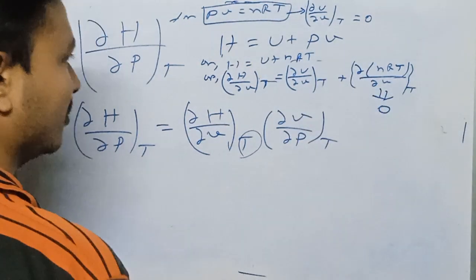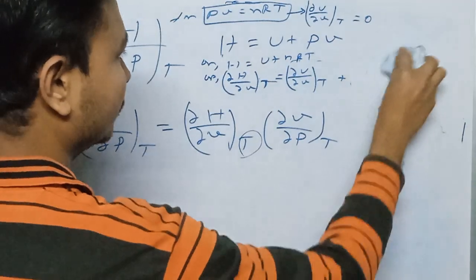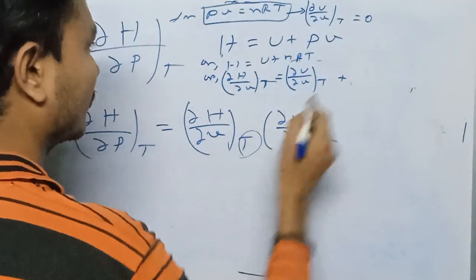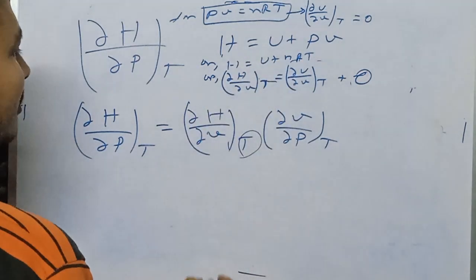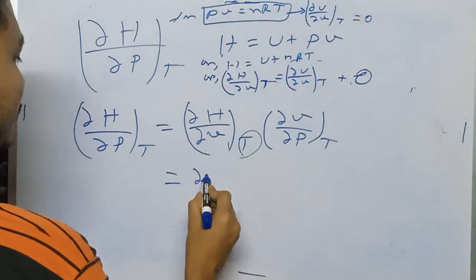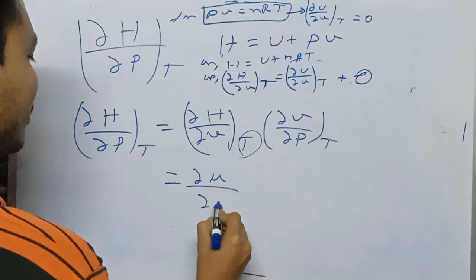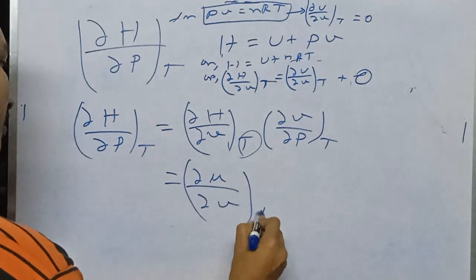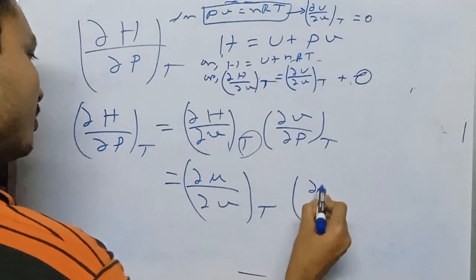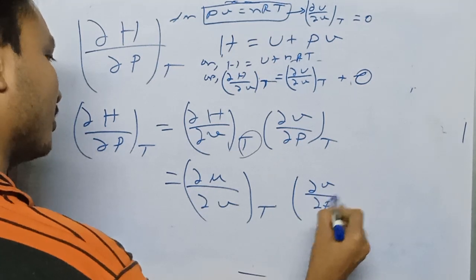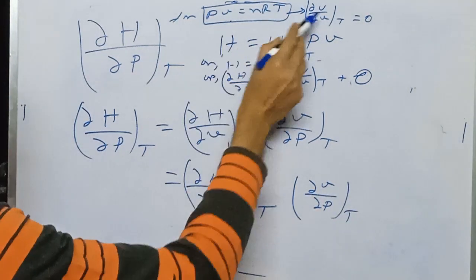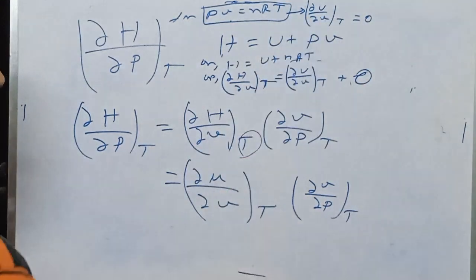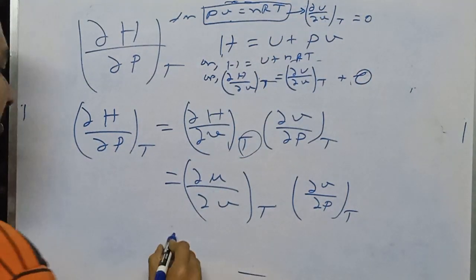So we may write plus 0, that is ∂H/∂V at constant T is equal to ∂U/∂V at constant T. So we may write ∂H/∂P at constant T equal to ∂U/∂V at constant T into ∂V/∂P at constant T. Now ∂U/∂V at constant T for this gas is 0, which has been obtained from Joule's experiment.